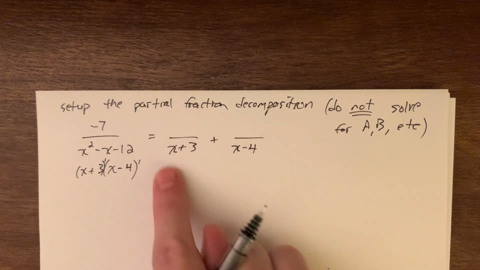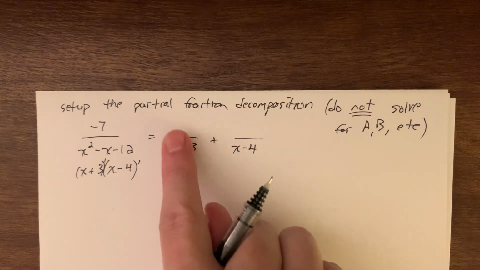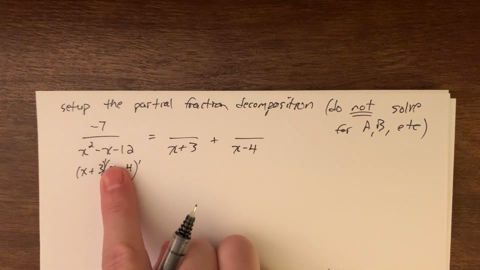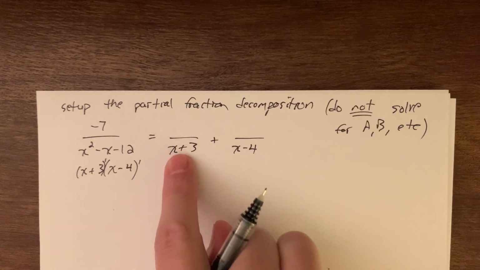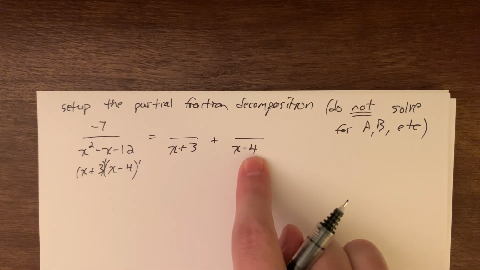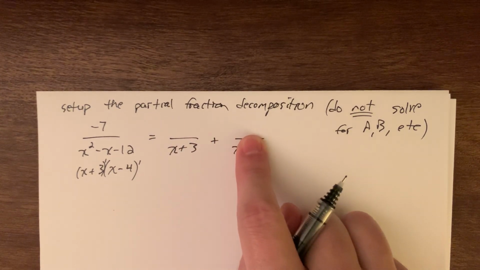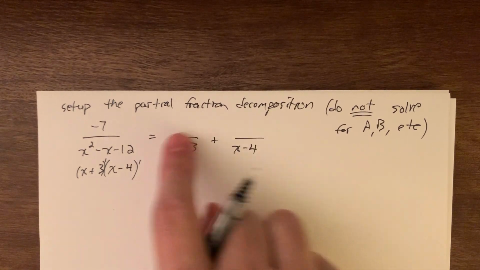But again, we're still not done because we know what the denominator should be, but we don't know what the numerator should be. But if it is a proper fraction on this side, then both of these will also be proper fractions. So if these denominators are both degree 1, the numerators have to be degree 0, meaning there can't be a variable. There can't be anything more than a number up here.